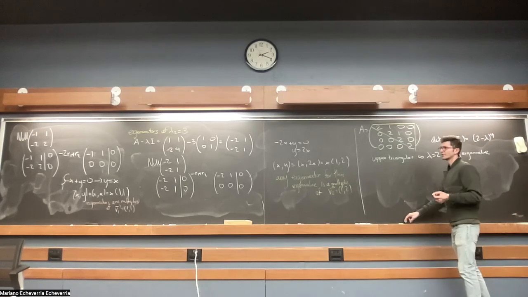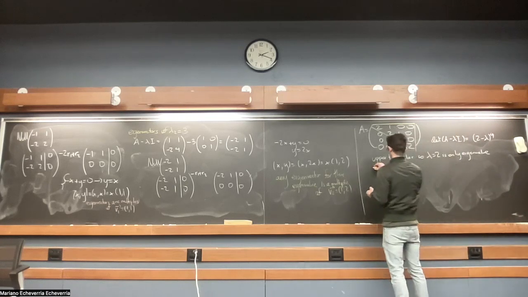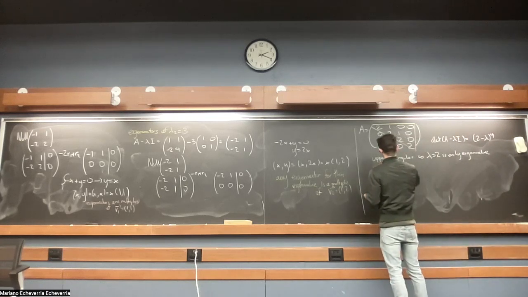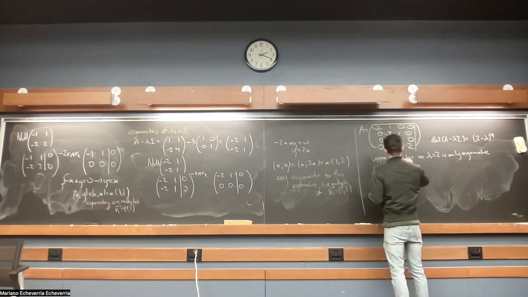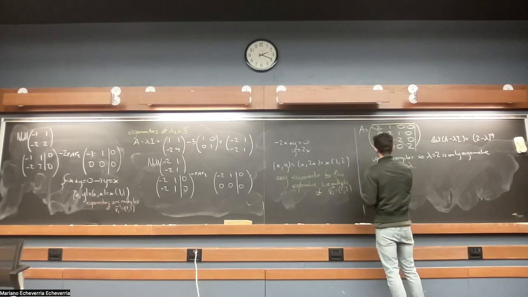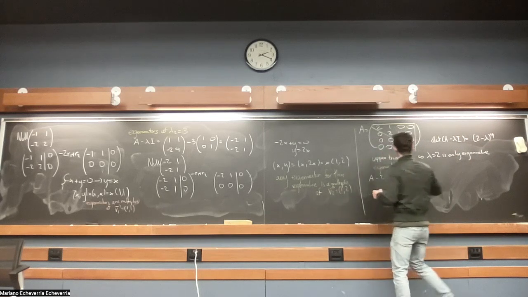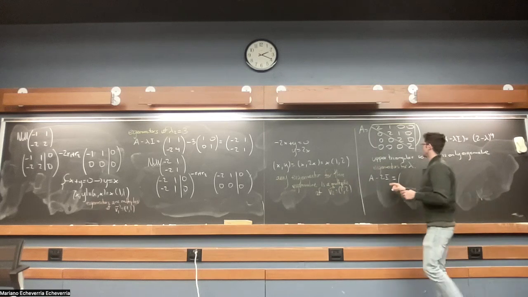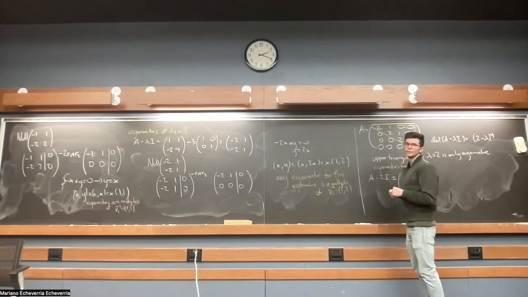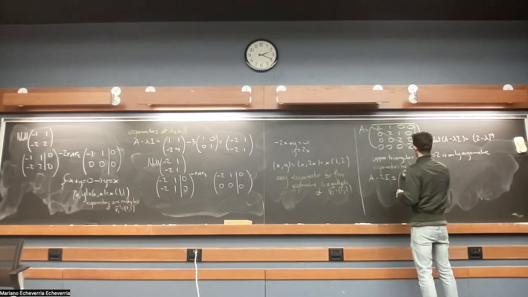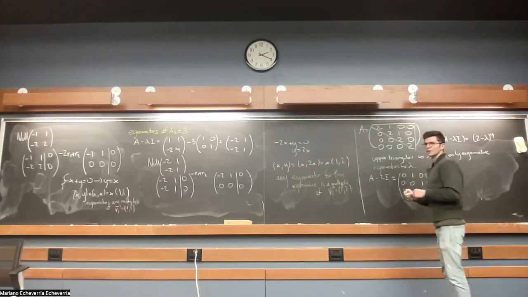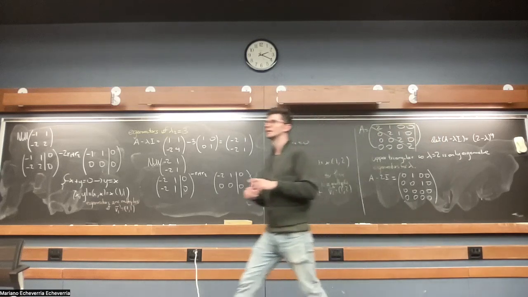And so the eigenvectors, for this lambda, which is the only one, is A minus 2I. That means subtracting 2 from the diagonal, so you just get a bunch of zeros, with only two ones.